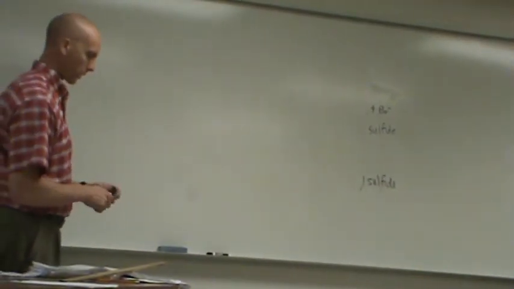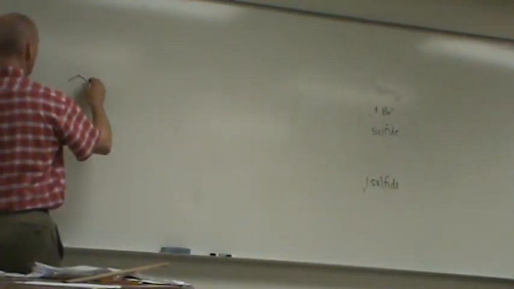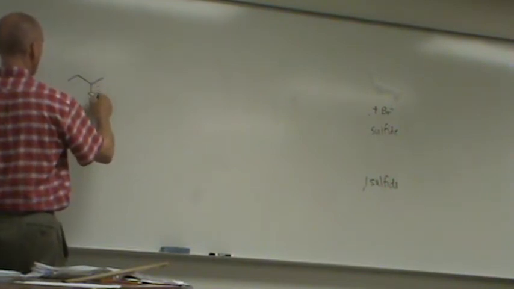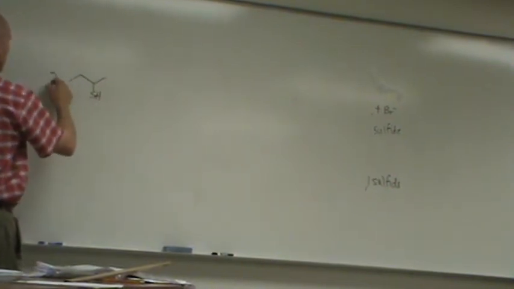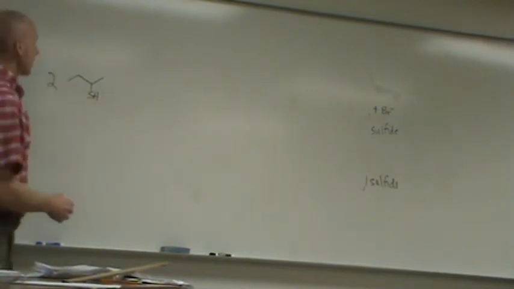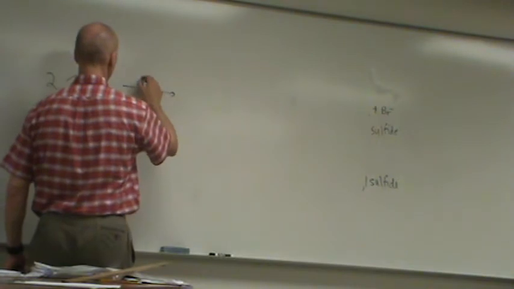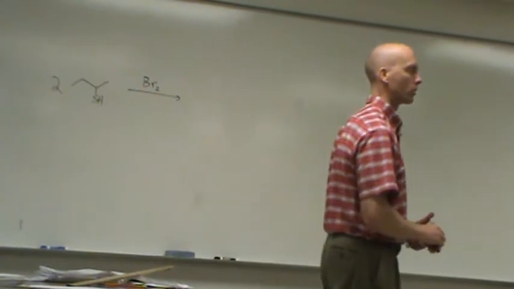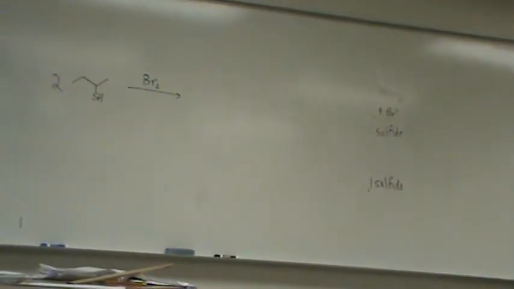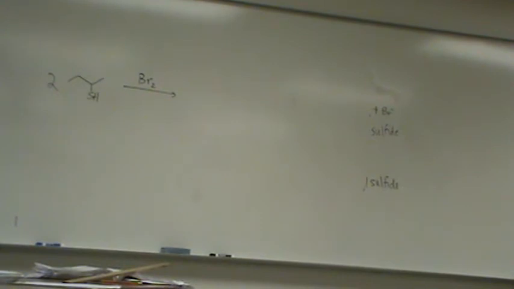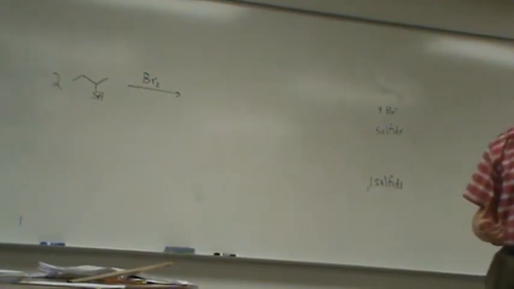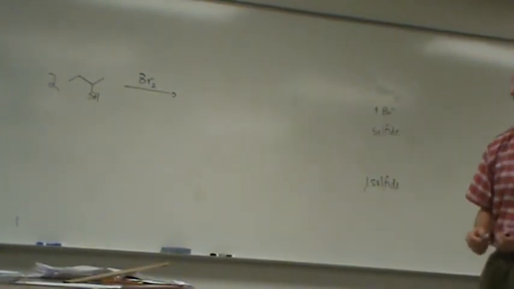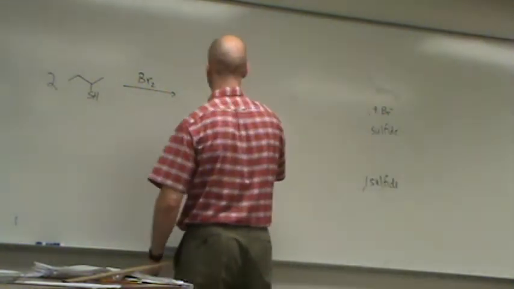Here what we're going to do is take two thiols and react them with Br2. What in the world does that do? The bromine is not going to be part of the final molecule that you might expect it to be. Instead, what you get is this thing here.